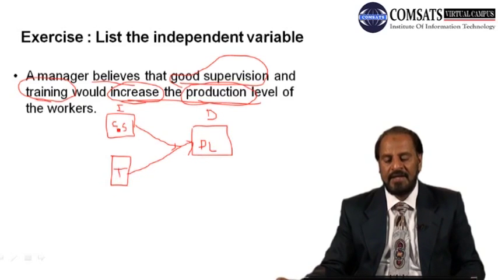You need to logically convince and theorize how, by having better supervision in the plant, supervisors are usually able to guide, help, and monitor your production employees, which results in a better production level.